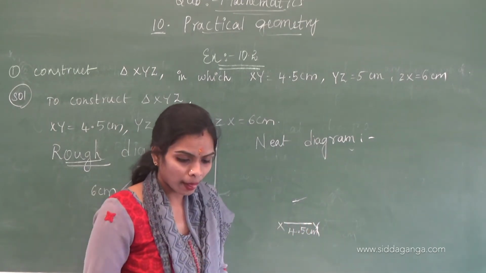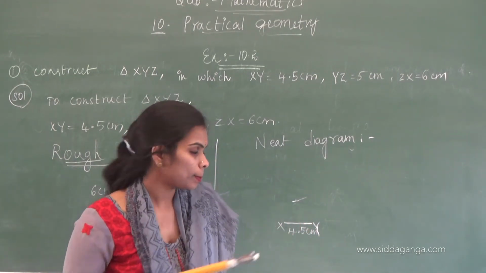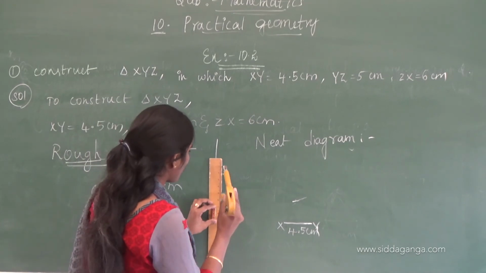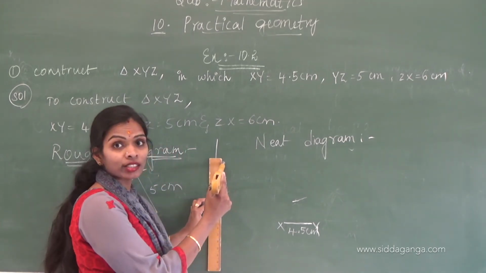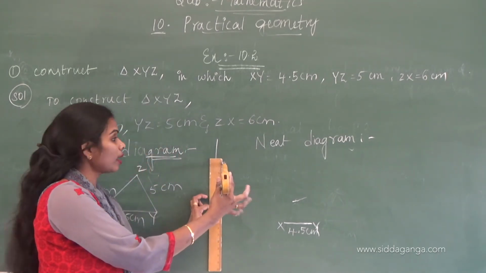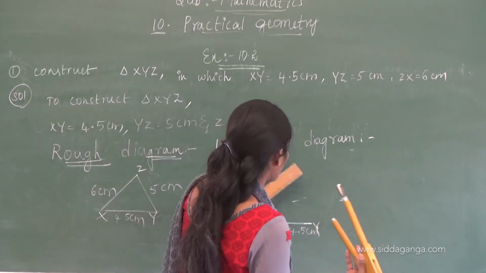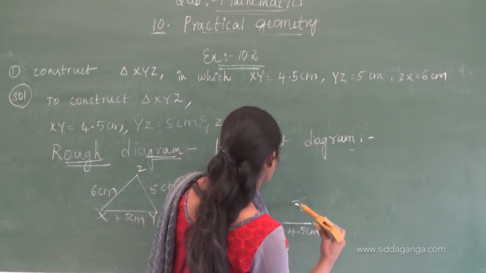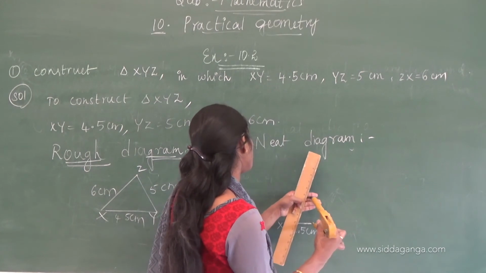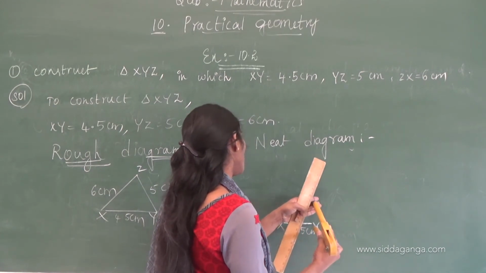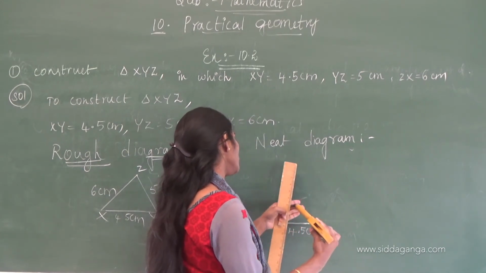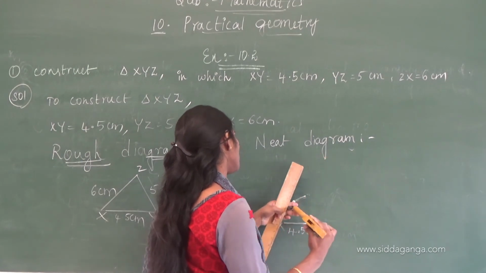See here, children, this is 5 centimeters. I am drawing an arc here by taking Y as center because the YZ value is 5 centimeters.